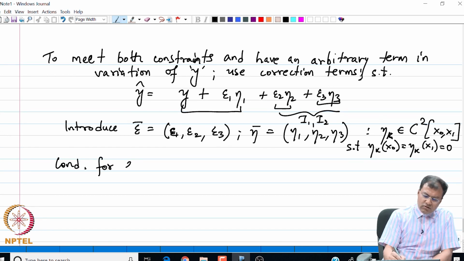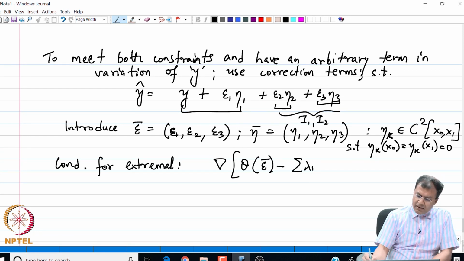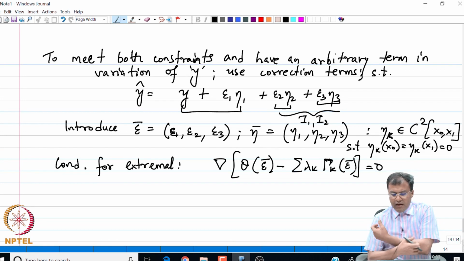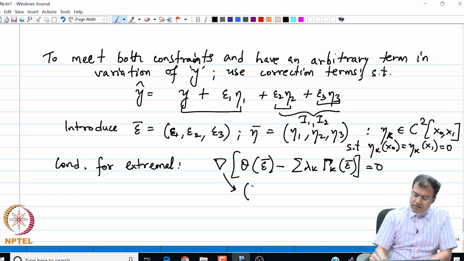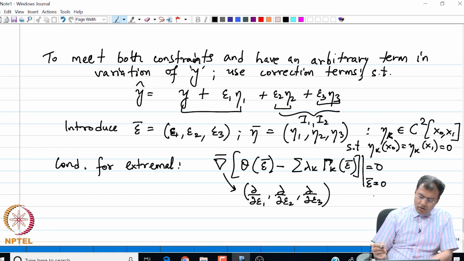The condition for extremal this time would be the gradient of theta of epsilon bar minus summation lambda k of gamma k of epsilon bar set equal to 0, right, where the gradient operator is the following operator. These are the respective derivatives with respect to epsilon 1, epsilon 2, epsilon 3, and these are eventually evaluated at epsilon equal to 0. Okay.